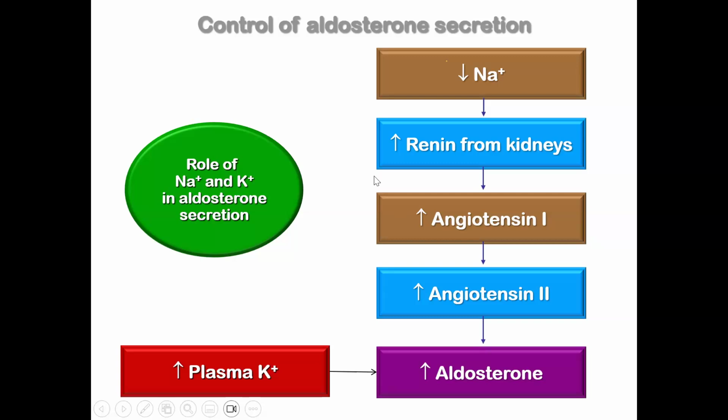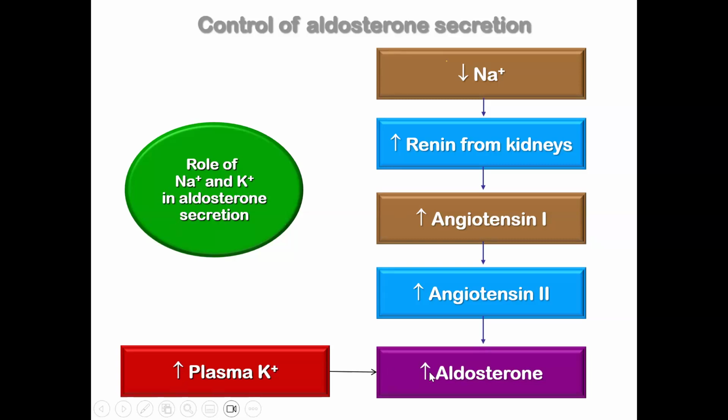And if you compare the control of aldosterone secretion with the previous hormone, cortisol, we saw that in cortisol secretion, the control is from the hypothalamus and the pituitary gland. The pituitary gland secretes ACTH, which stimulates the adrenal gland to release cortisol. But the hypothalamus and pituitary gland both have no role in controlling aldosterone secretion, which is controlled by just sodium levels and potassium levels.